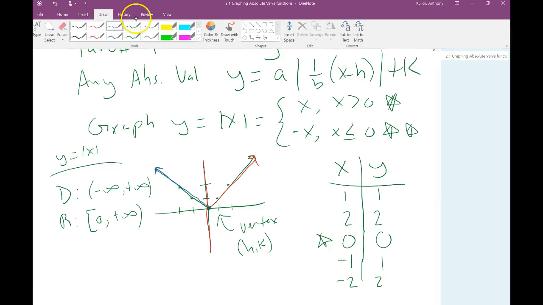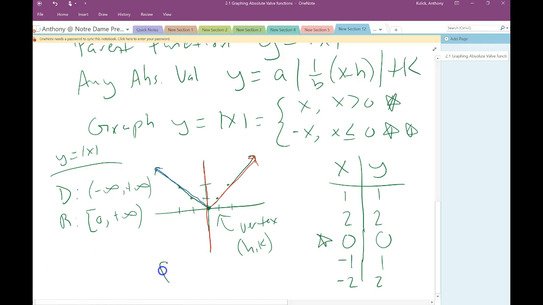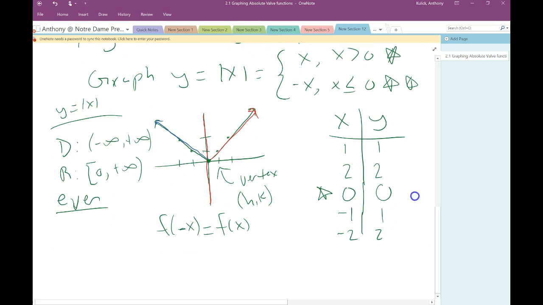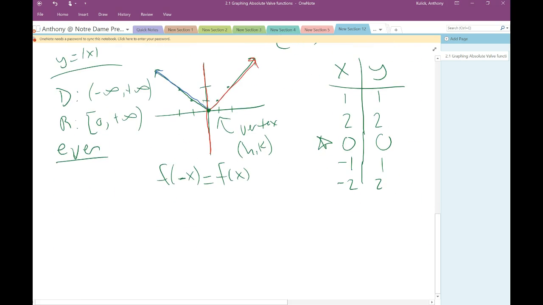And so what I observe here is that a reflection across the y-axis is the same as the function itself, so I know that this is an even function. And that's going to hold for all absolute value functions. They're all going to be even functions. Their domains will all be the same, but their ranges could be different.